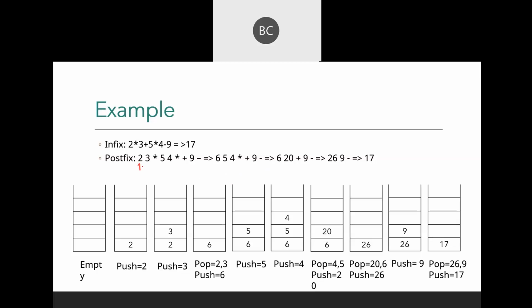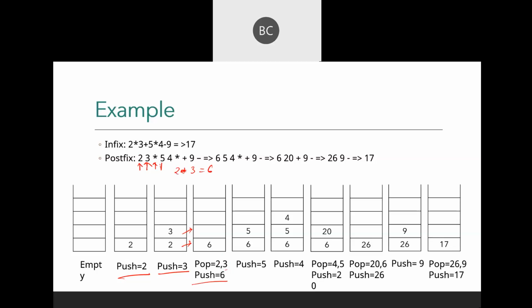The moment you see an operand, you push. Next is 3, an operand, so you push 3. Next is the operator, so you pop out the top two operands, that is 3 and 2, and multiply. 2 into 3 is 6, then push the 6 here. Pop 2 and 3 and push 6.